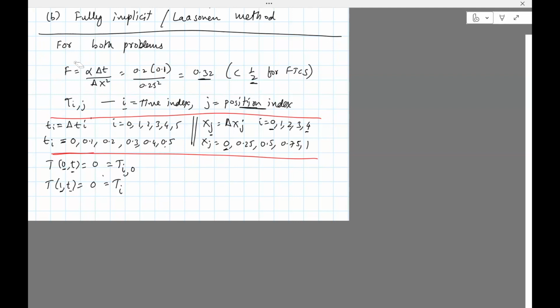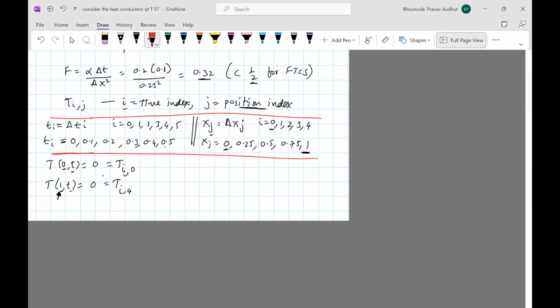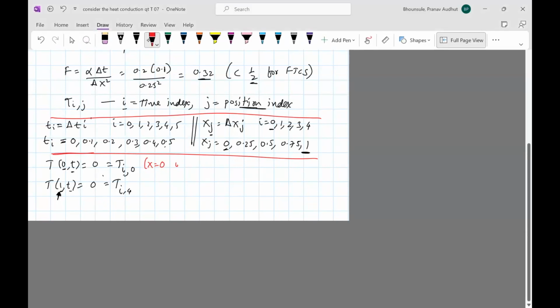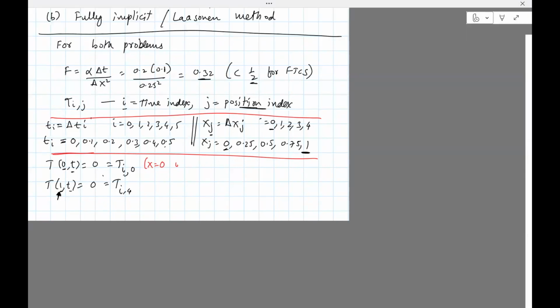And then for position index 1, so that's 1 here, corresponds to j equals 4. So I'll write 4. Let me write the reasoning there. x equals 0 corresponds to, I wrote this i, this should be j.